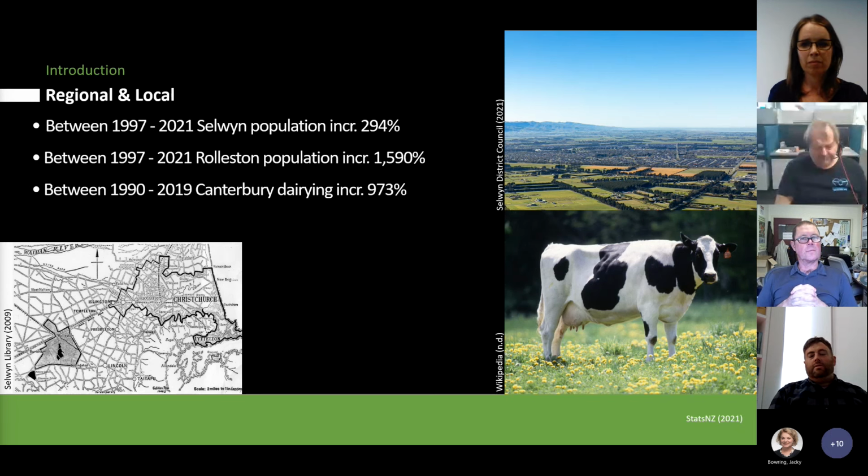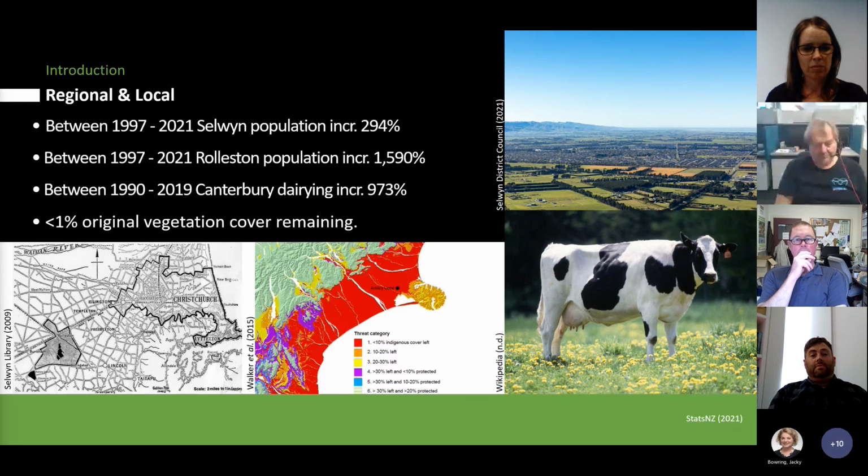And historically, Selwyn district's an agricultural region. However, it's changed a lot with a 973% increase in dairy farming between 1990 and 2019. All of this was taking place in an area with less than 1% of original vegetation remaining.